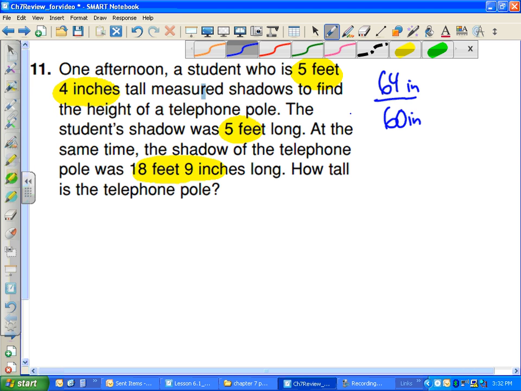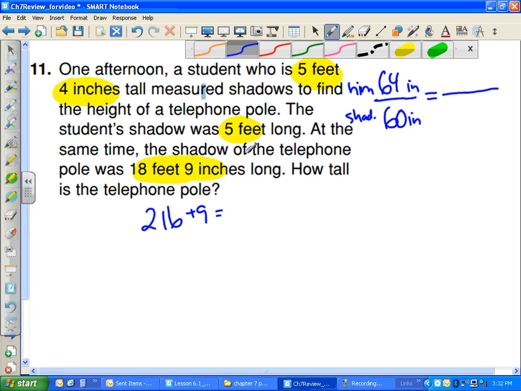Okay. So remember, this is a shadow, and this is how tall he is. I'm just going to put him equals. What do I know here? Oh, this is a big number. What's 18 times 12? I'm going to do the math. 18 times 12, 216, plus 9 inches, 225.